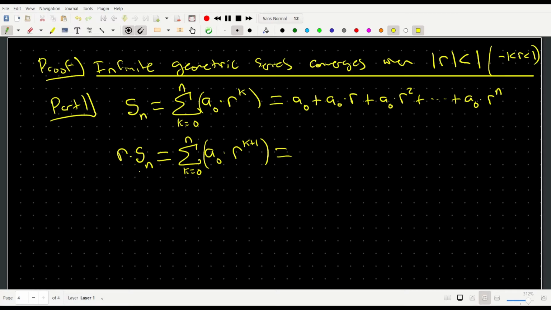Or if you calculate each of the terms, this is going to be a0 times r plus a0 times r squared plus a0 times r cubed, all the way up to a0 times r to the n plus 1.